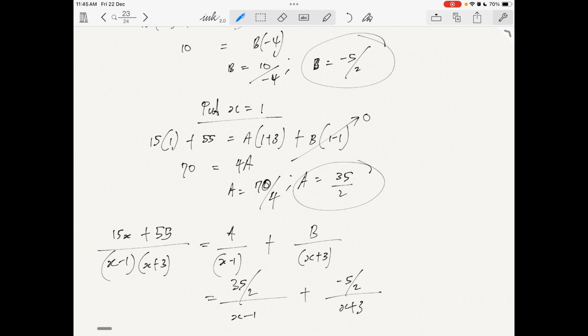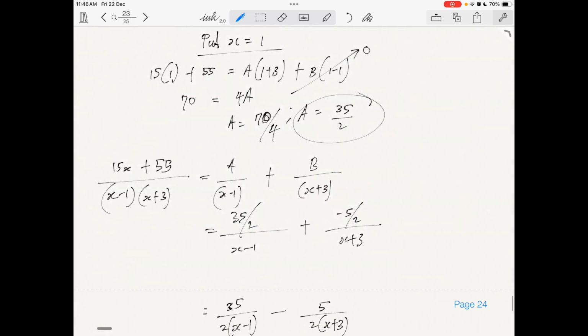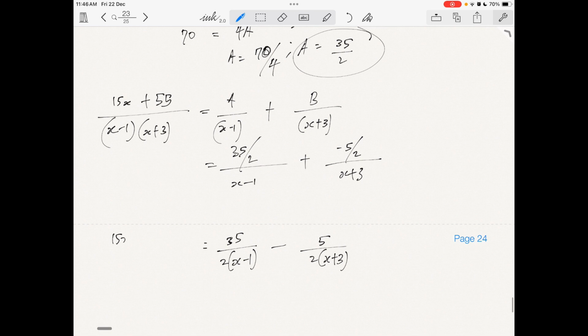So we can simplify further: 35 over 2 into x minus 1 minus 5 over 2 into x plus 3, which is equal to 15x plus 55 divided by x minus 1 and x plus 3.